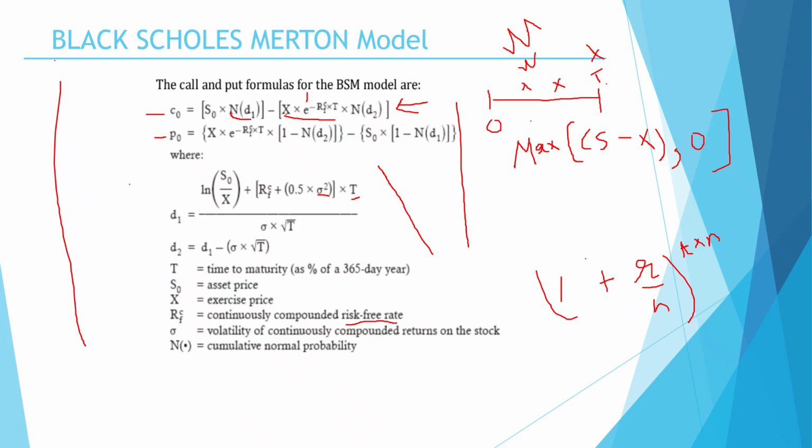And if you want to compound at a quarterly rate, then n will be equal to 4.